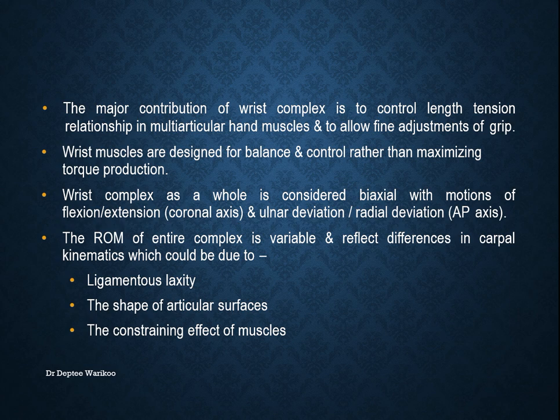The ranges of motion of the entire complex are variable and reflect the differences in carpal kinematics. This arises from factors like ligament laxity, the shape of the articular surfaces, and other constraining effects, which are mainly produced by the muscles.